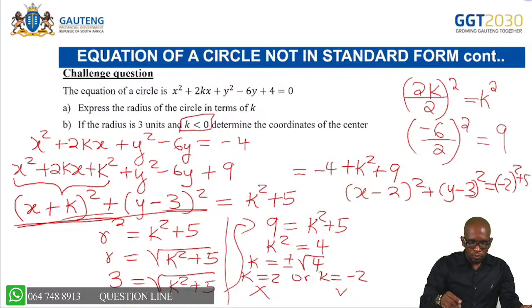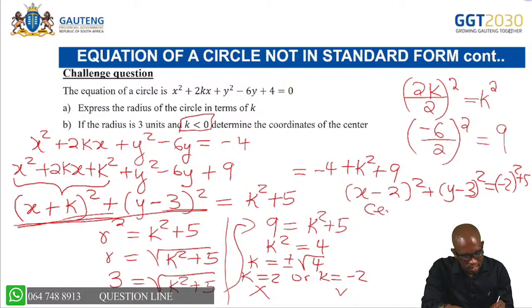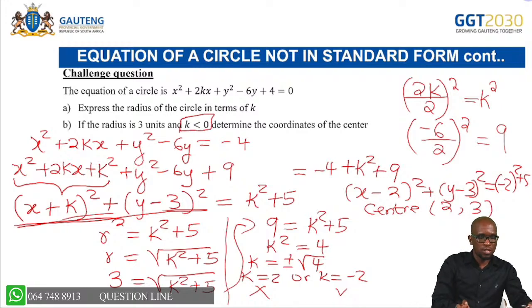Now, they just wanted the center. We can take the center from the equation. Our center in this case would simplify to (2; 3). So that would be the solution to our challenge question.